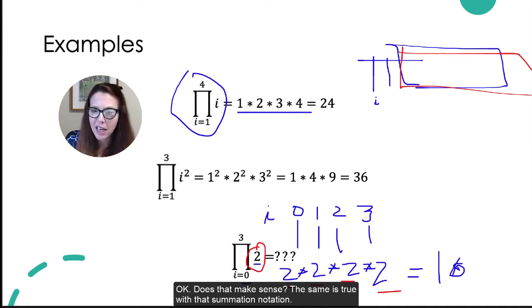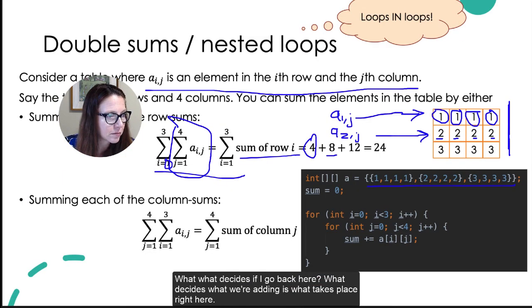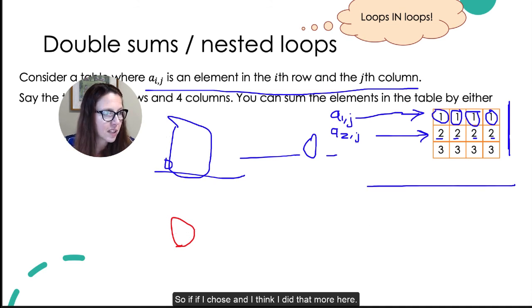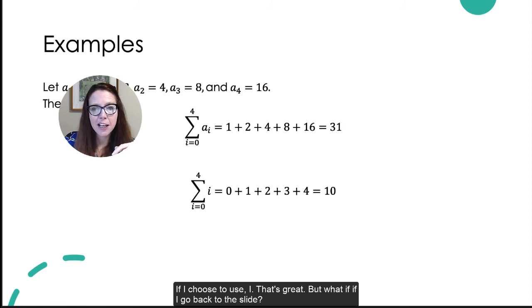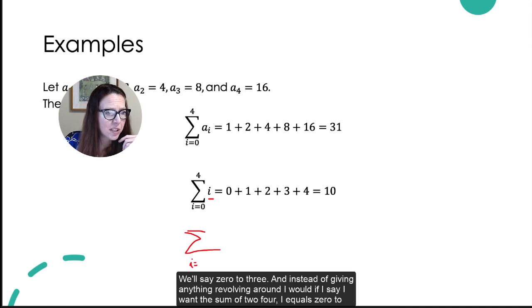The same is true with summation notation. If I go back here, what decides what we're adding is what takes place right here. So if I choose to use i, that's great. But what if I go back to this slide and let i run from, again, 0 to 3, and instead of giving anything revolving around i, I say I want the sum of 2 for i equals 0 to 3?